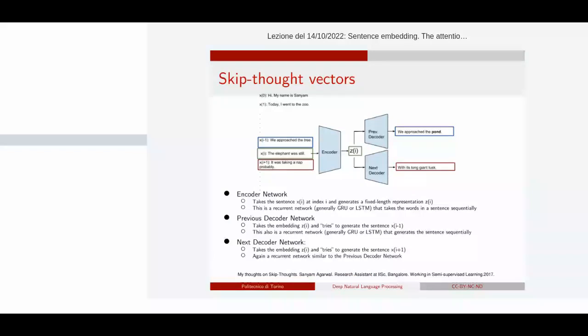The idea is very similar to that applied by skip-gram at the word level. If you recall the skip-gram architecture, what you do is consider the center word in a context window and try to predict the preceding and the subsequent ones.